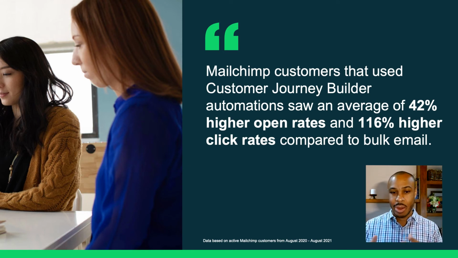It speaks to the power of automations because in most cases, they're triggered by some sort of action that your customer or prospect has taken. So that means they're more relevant, more timely, and more engaging in terms of the content, and it allows you to improve your engagement. This is a trend that we're seeing over time in the industry and something to keep in mind as you're thinking about your program.